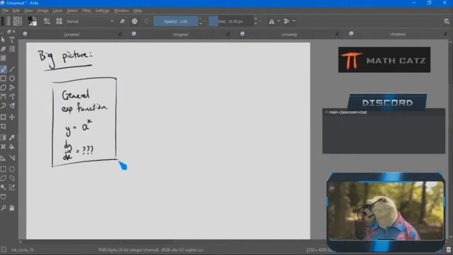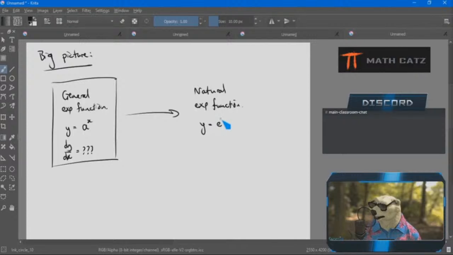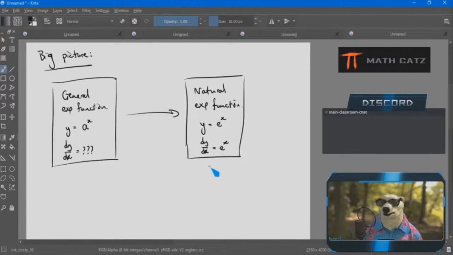Okay, it's okay. We moved on because we got stuck there, and we found the natural exponential function. This wonderful e came to our rescue and gave us the simplest, easiest derivative we could have asked for, where we literally copy the function.